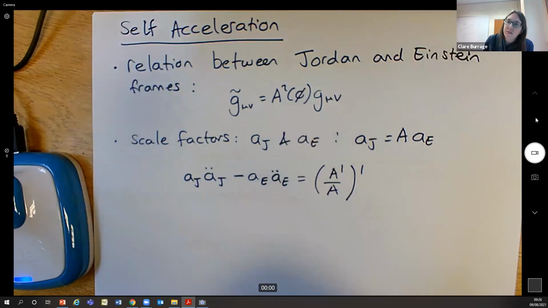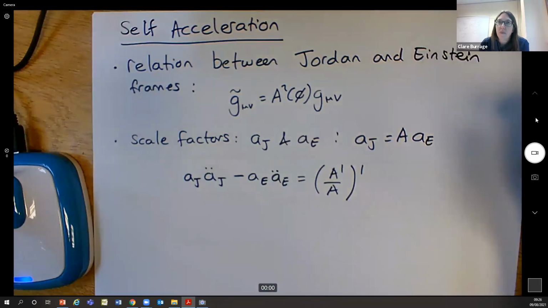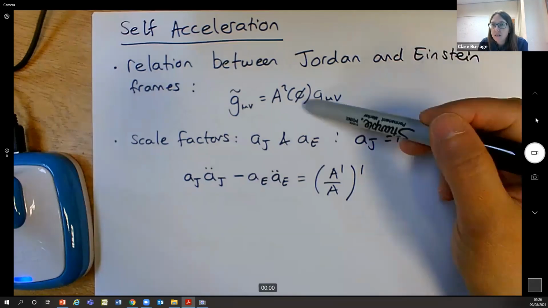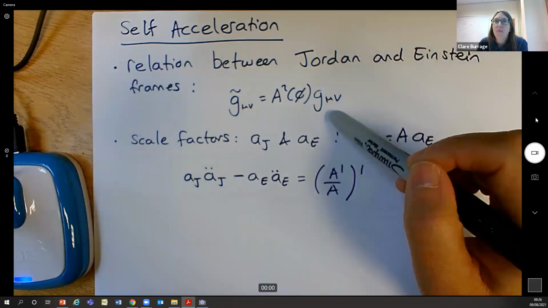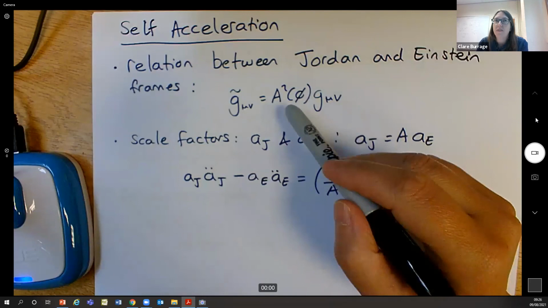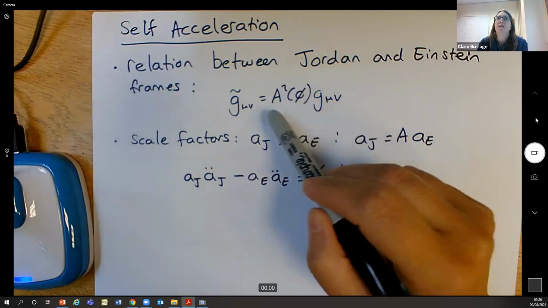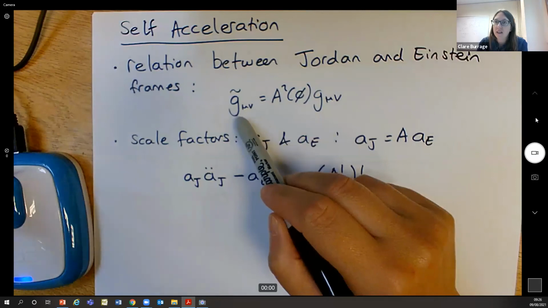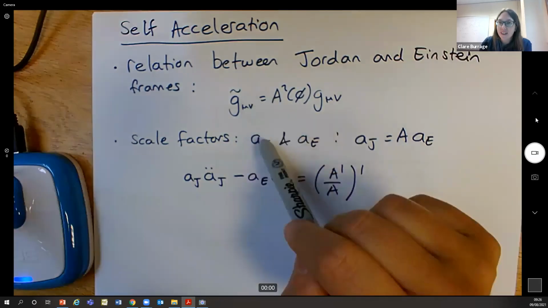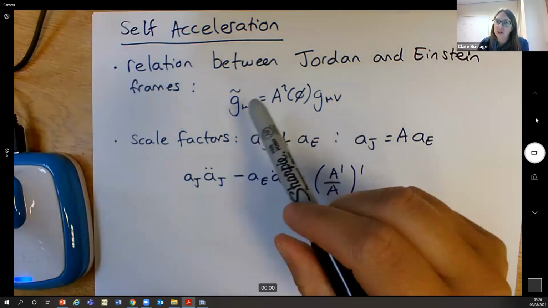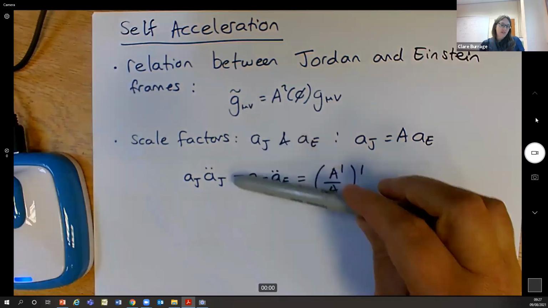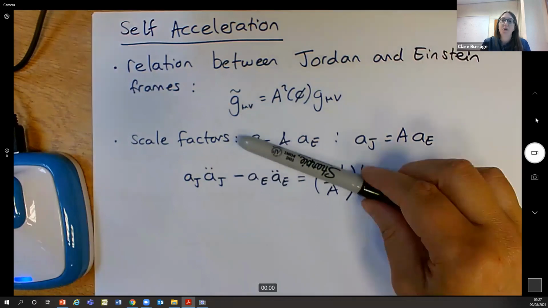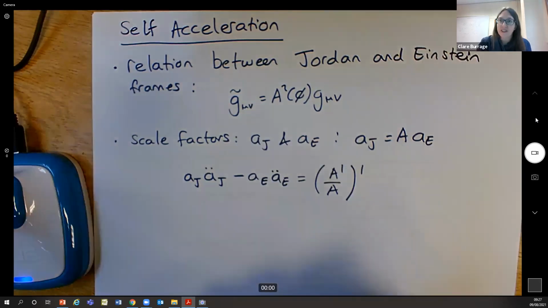So the idea of self-acceleration is that the cosmological constant is large for one of these metrics, say for this one, but the evolution of our scalar field is such that the metric that I see in the universe, the metric with which I'm doing my calculations, doesn't see that large cosmological constant. It's hidden by the evolution of the scalar field. Okay. So that's the idea of self-acceleration, and as I said, it's a more ambitious way of trying to solve the cosmological constant problem with a scalar field.